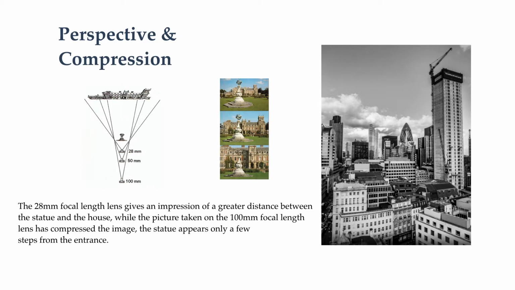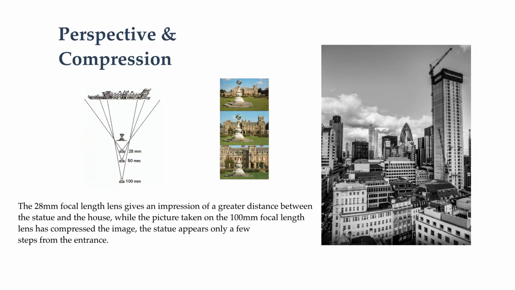Compression is basically when your distant subject becomes closer, in theory or visually, to the viewer. So in the example here where we're looking at these buildings, by using a longer focal length lens, it seems that all of the buildings have been pulled much closer to the viewer than the physical distance between them is showing. So that's compression, where we're pulling stuff together.